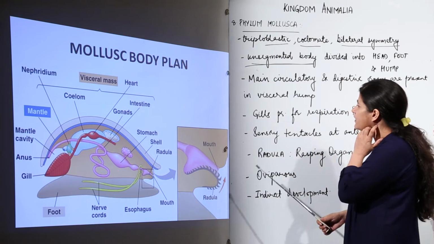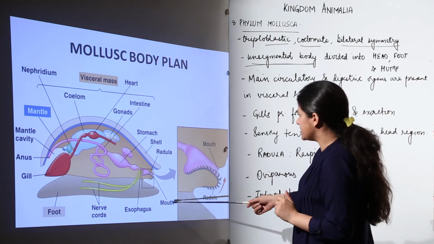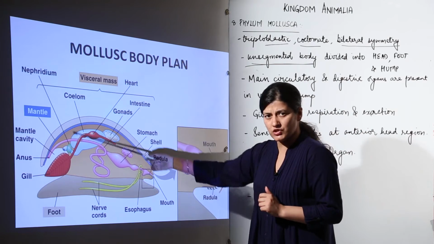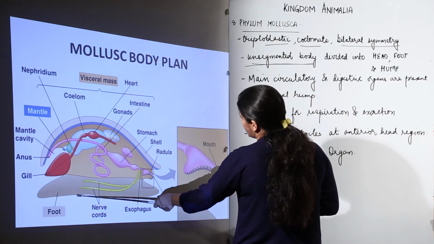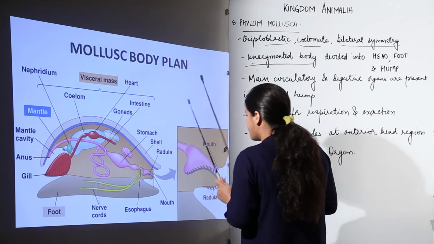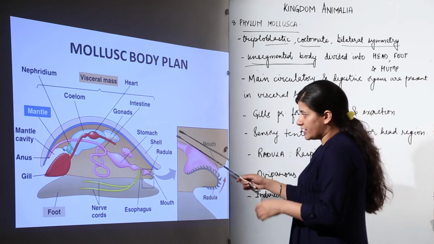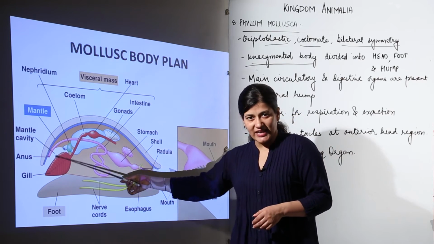We have a foot, a mouth, and a visceral hump that is present. The foot is ventral, the visceral hump is dorsal.